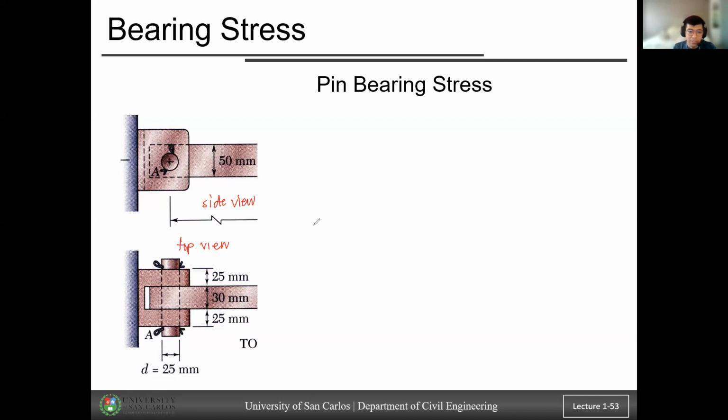Okay, so the bearing will happen on this material here. 30 and then 25. I have difficulty drawing, so it's like this. So the failure will be on this material here.